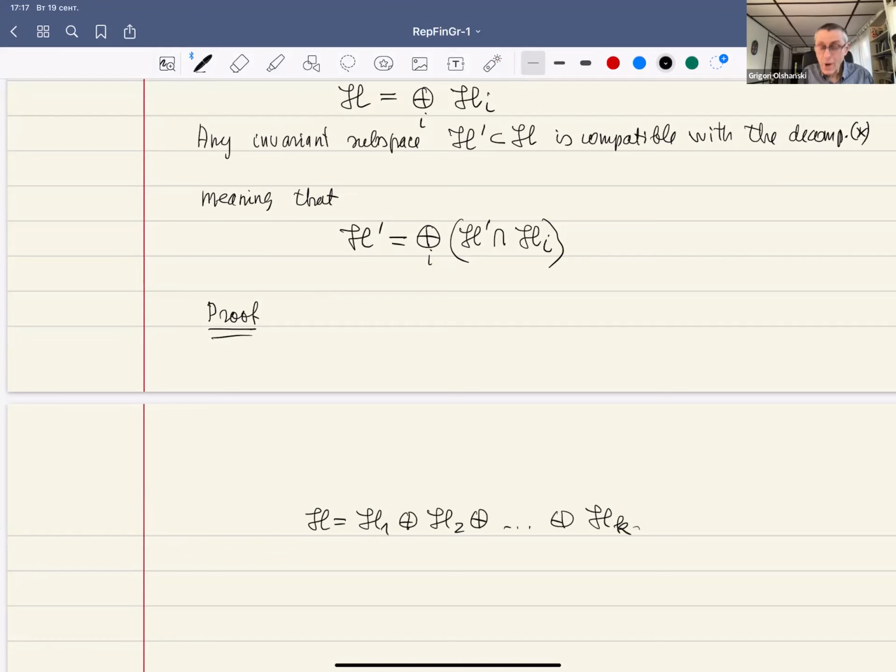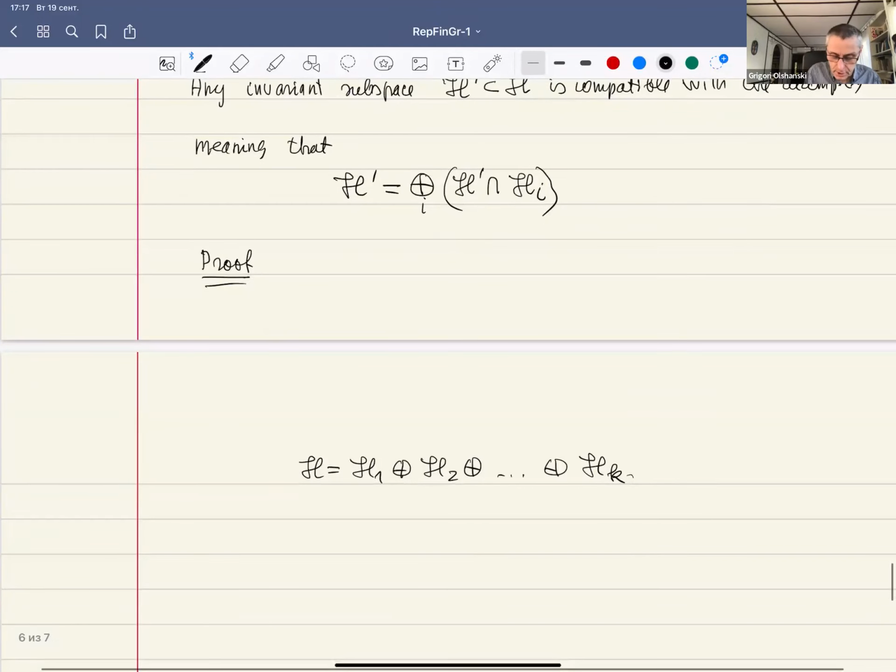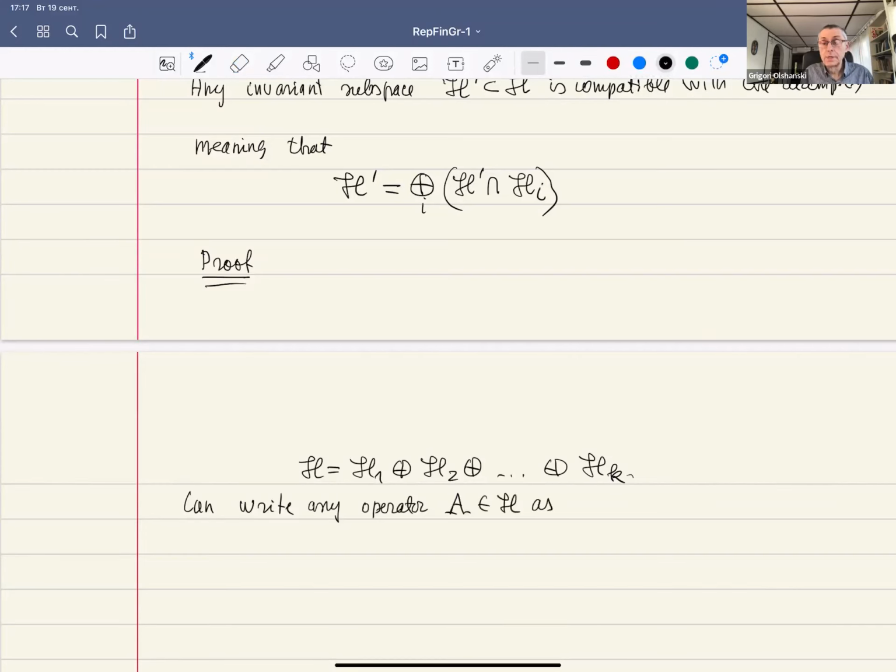and once we have such a decomposition, maybe better to say, we can write any operator A on our space H as a block matrix.